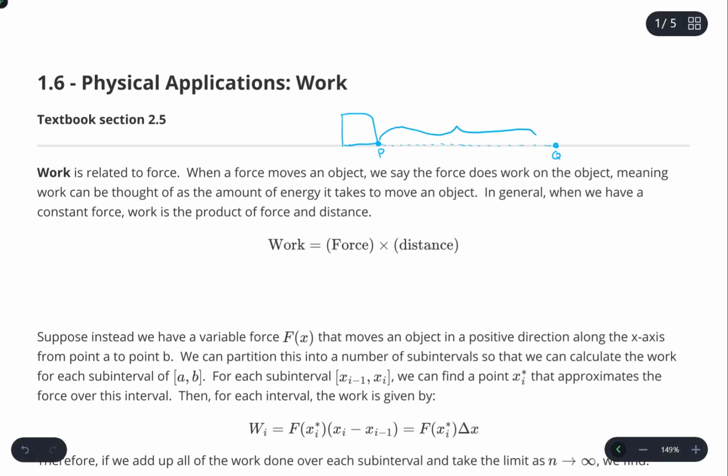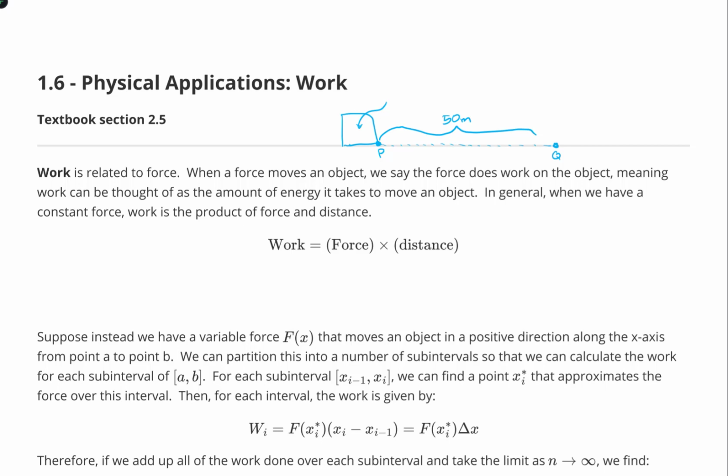So whatever the distance is, maybe this is 50 meters, and whatever the weight of the box is, and weight here is going to be measured as a force because we're looking at how much the object weighs with respect to the gravitational constant. So this would be in newtons.